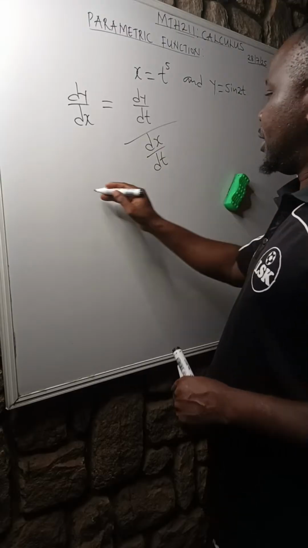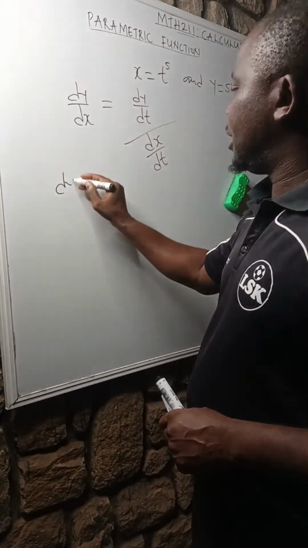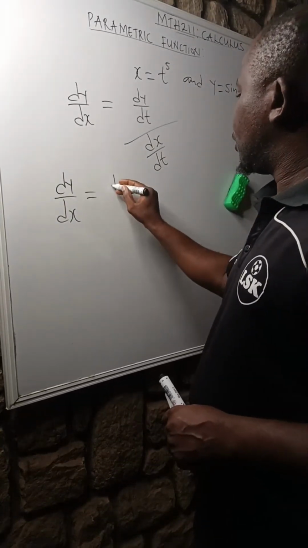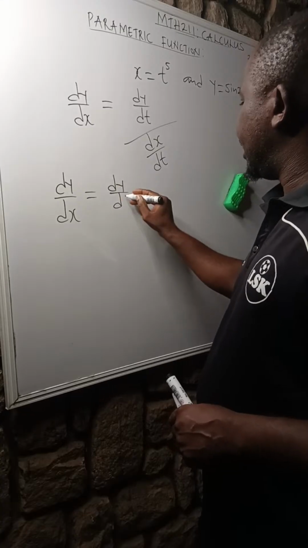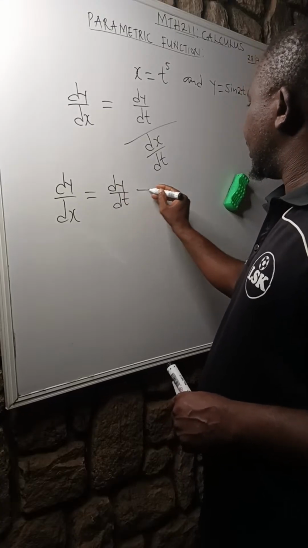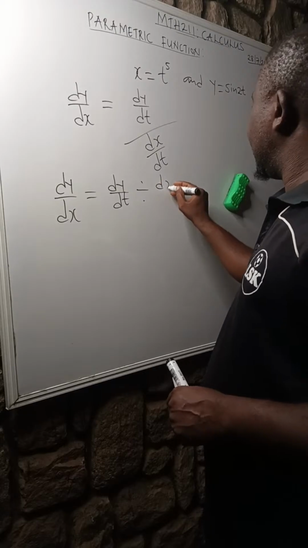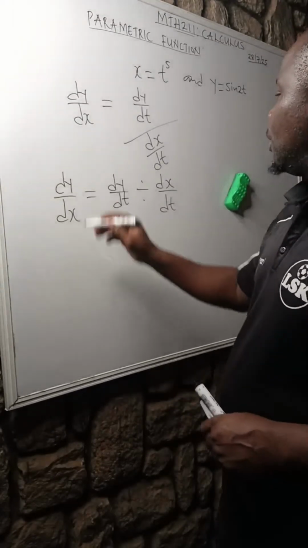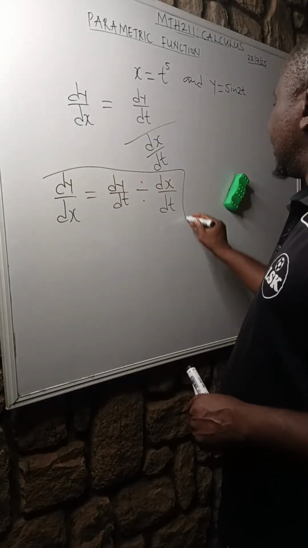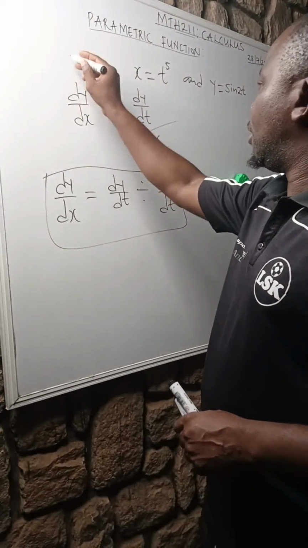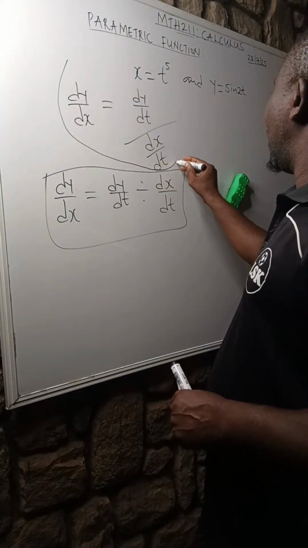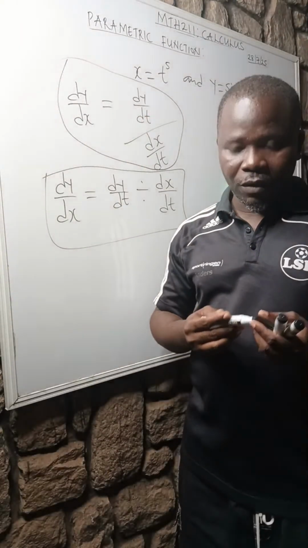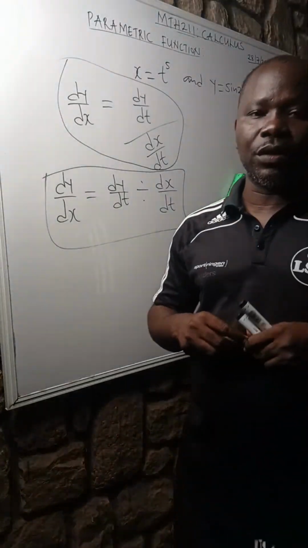In other words, dy/dx equals dy/dt divided by dx/dt. So this is the formula for parametric functions.